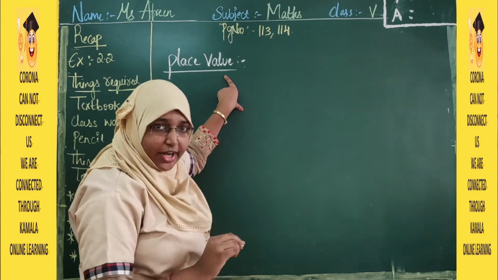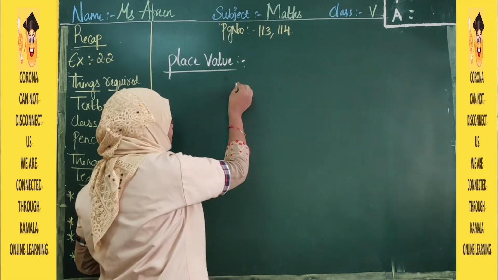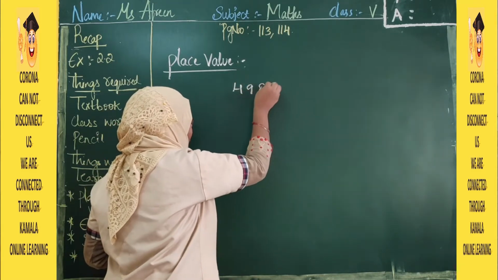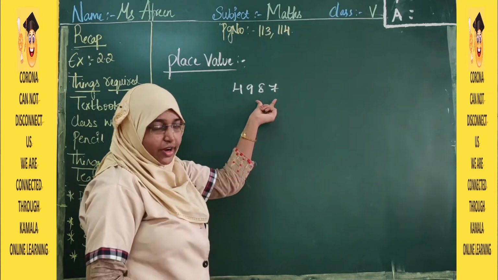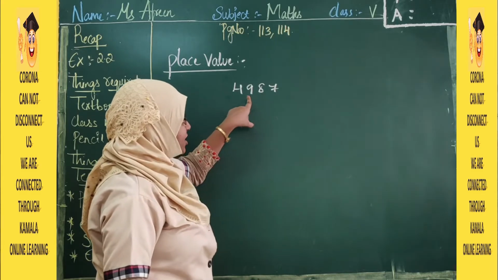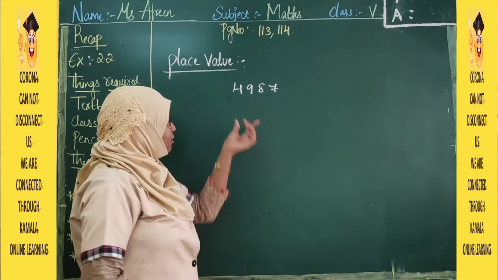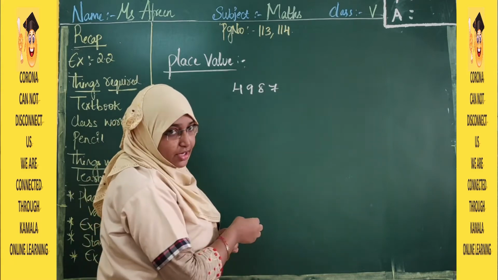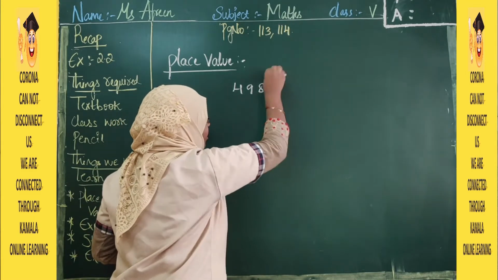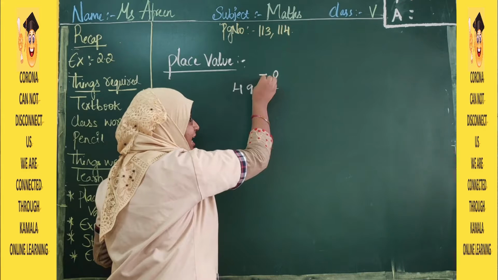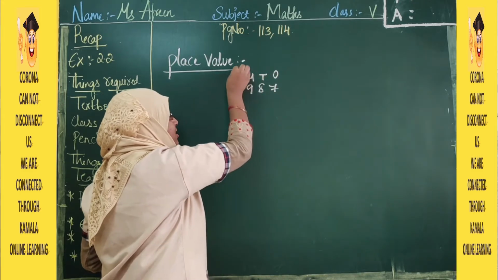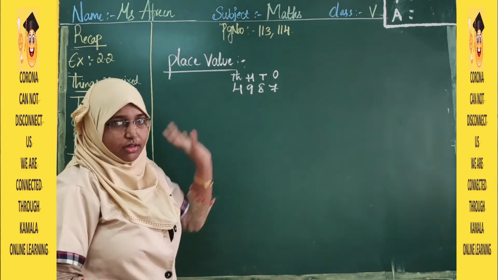To find place value, take an example: 4987. I want to find the place value of 7, 8, 9 and 4. First let us write the place values. Starting from the right: ones, tens, hundreds and thousands.